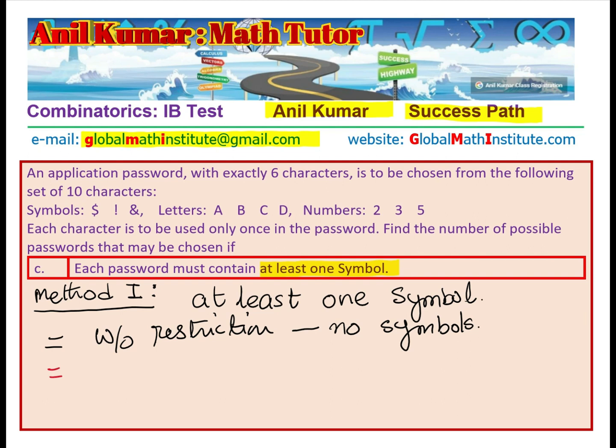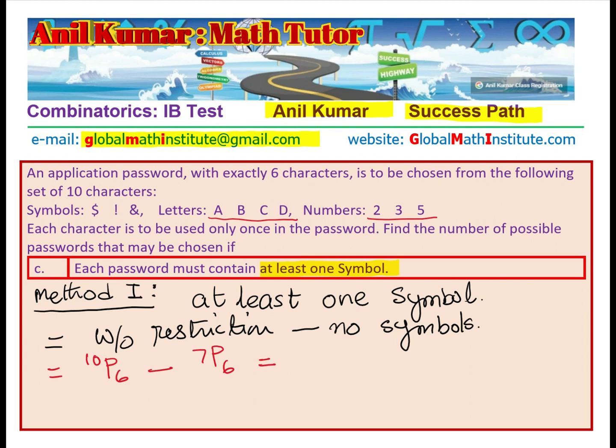Without restriction, well, simple. We have 10 characters, 6 positions, means 10P6, correct? No symbol means we are only using 4 letters and 3 numbers, means 1, 2, 3, 4, 5, 6, 7. So minus out of 7, we select 6, and that gives you the answer. You get the idea?